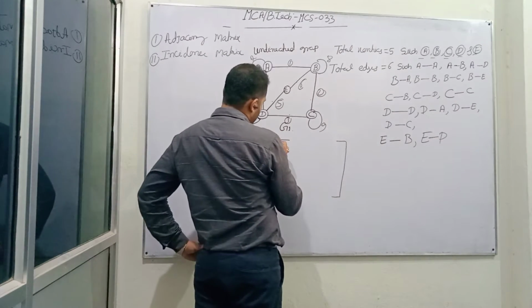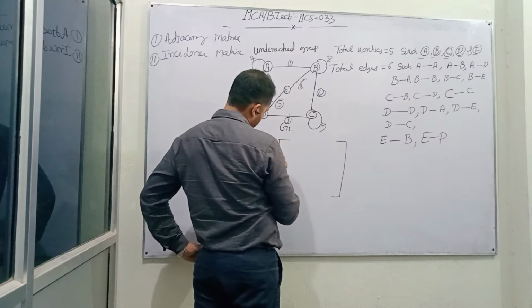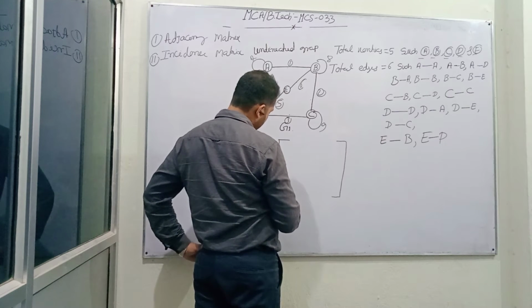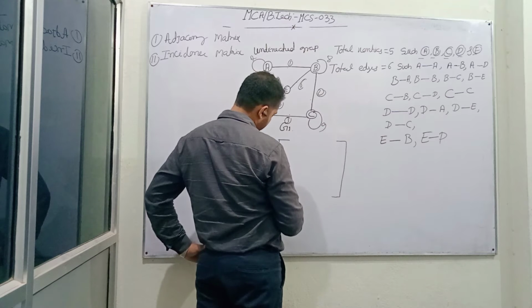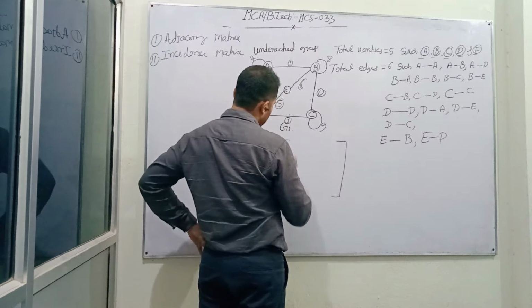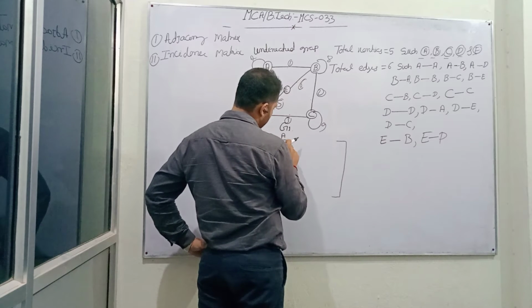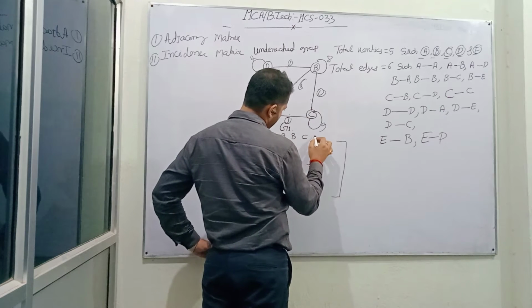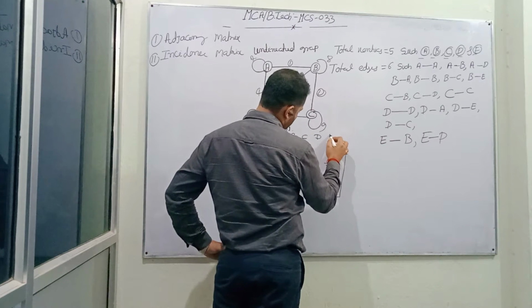Here we will write A, B, C, D and E. Yes class? And on this side also A, B, C, D and E.